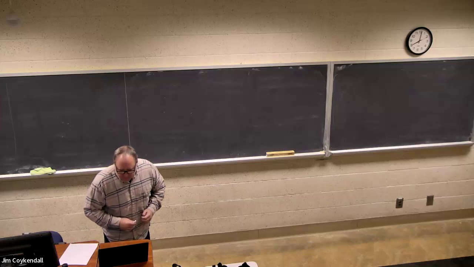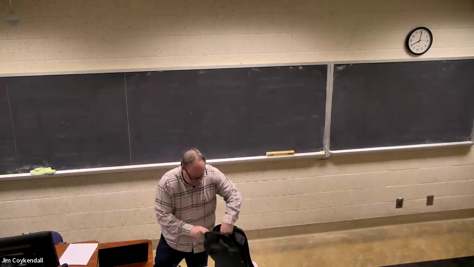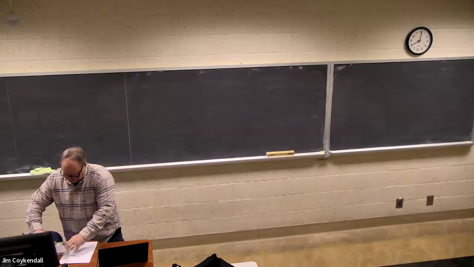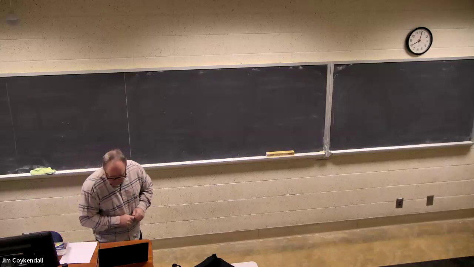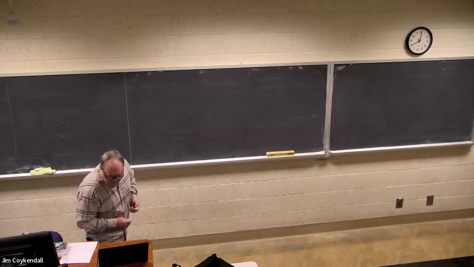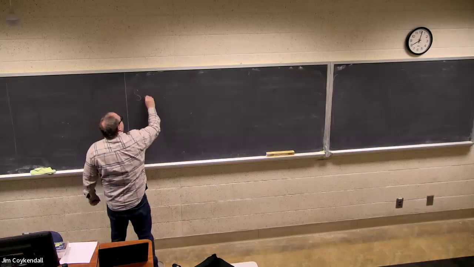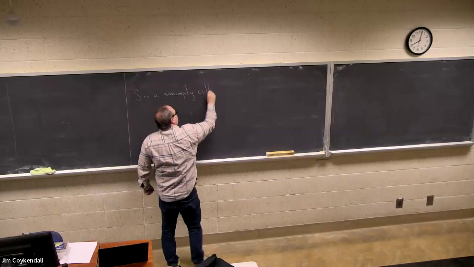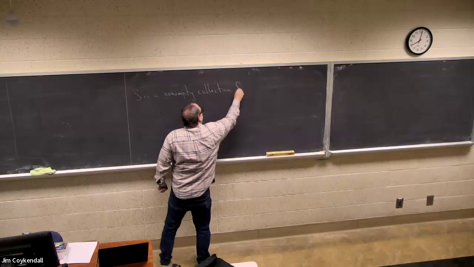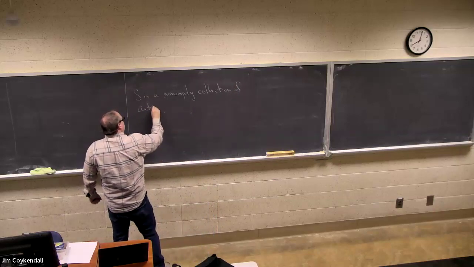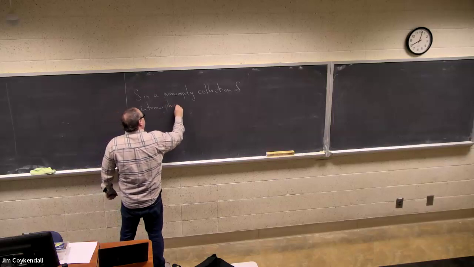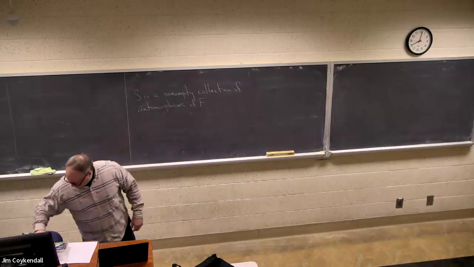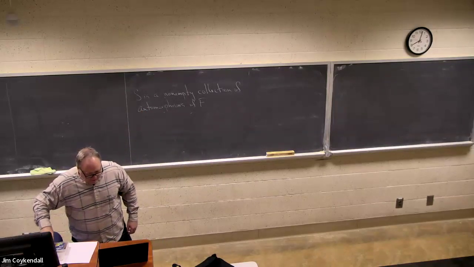So, last time we defined what it meant for a non-empty collection of automorphisms of a field to be linearly independent. What does it mean for these to be linearly independent?